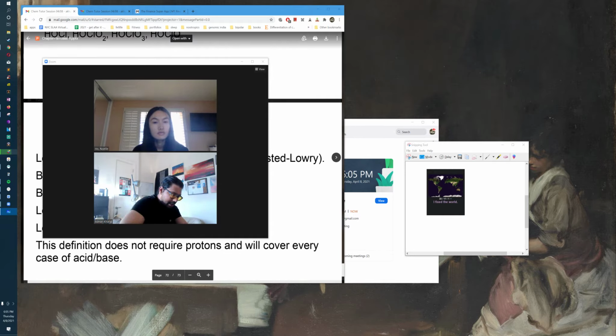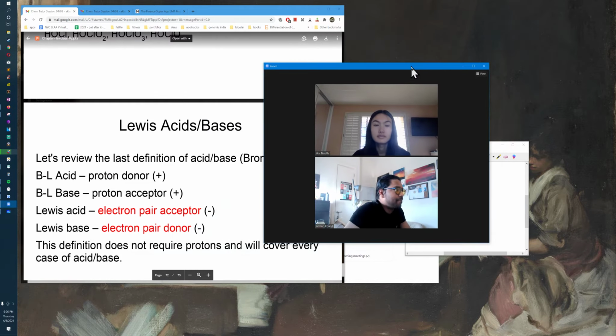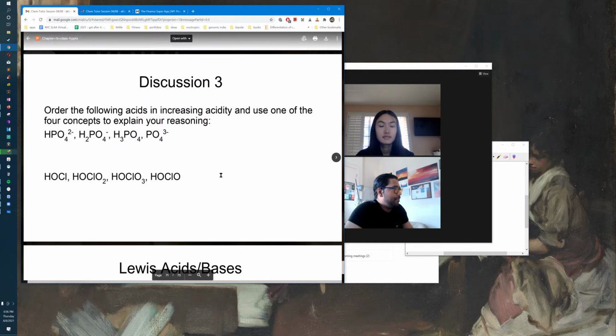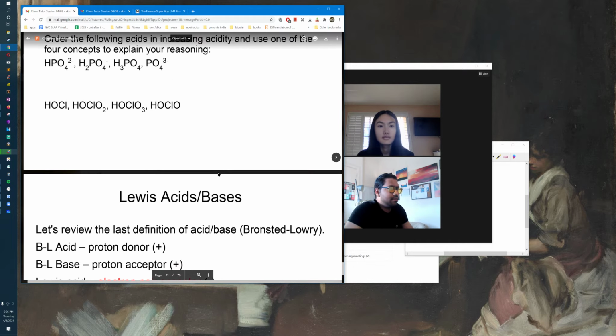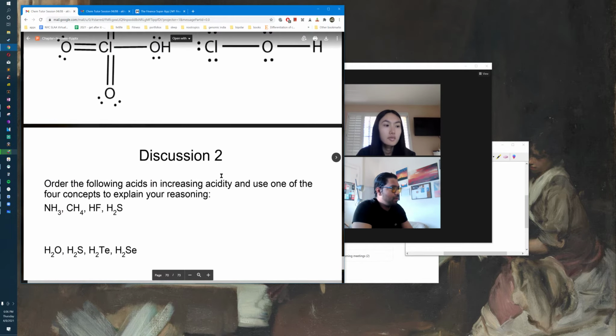I don't know why this pen is giving me a hard time, but basically an Arrhenius acid can also be a Bronsted-Lowry acid, but a Lewis acid or base will always be both Arrhenius and Bronsted-Lowry. Okay. All right. Anything else from the PowerPoint?